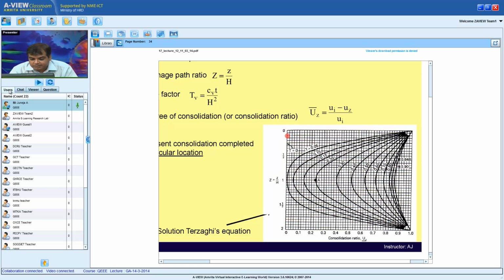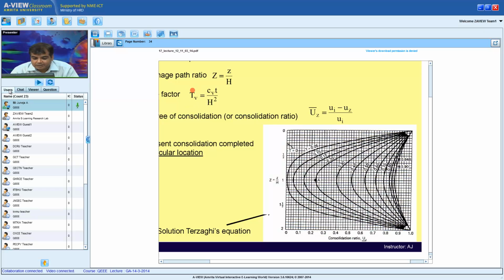When T is non-zero, the second curve immediately shoots to the boundary, and it becomes 0. Remember, the excess pore pressure near the boundary is 0, and at the bottom, if the bottom is also a boundary, it is also 0. The second curve is shown as capital T equals 0.05, where capital T in some textbooks may be written as capital T, in some as TV, and because I am a confused person, I have used a figure which shows T but an equation which shows TV.